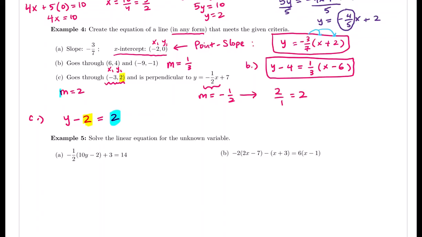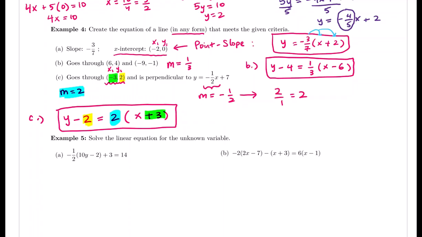This 2 right here is the slope, and then times x minus negative 3, which is the same thing as plus 3, and this is coming from this thing right here. It's a lot of highlighting. Okay, so this is my final answer for part C.